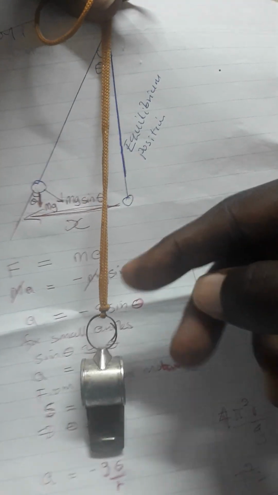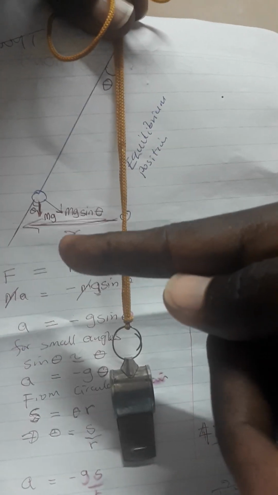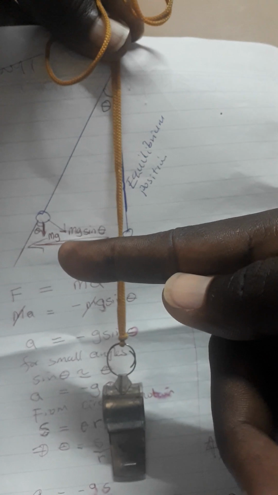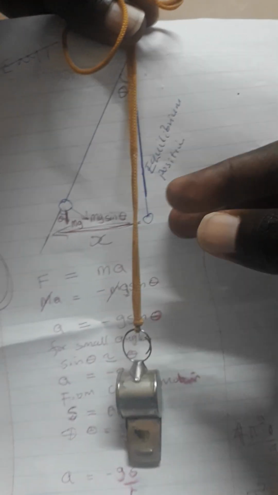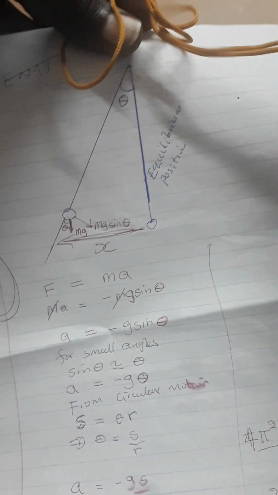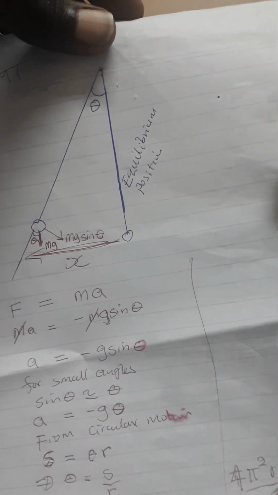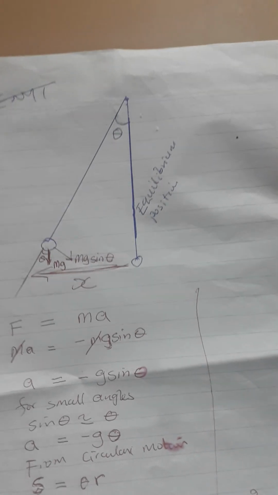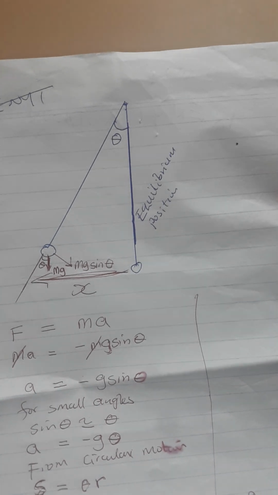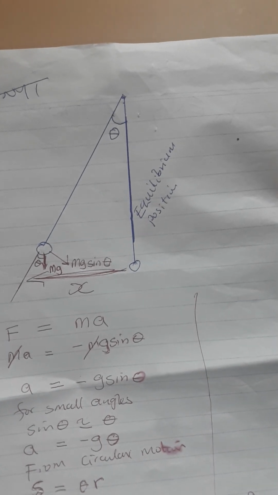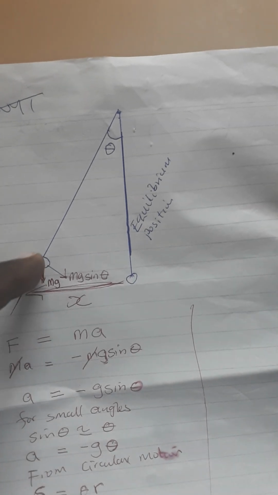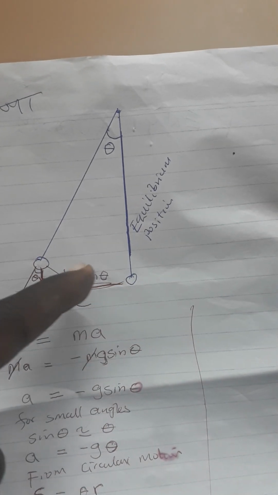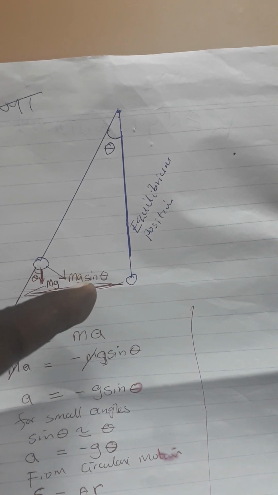Yeah, so that component of the weight which restores the pendulum to equilibrium is given by mg sine theta. This one you should have learned in Form 3 about resolution of forces. Yeah, so that is the component responsible for restoring. It is mg sine of theta.